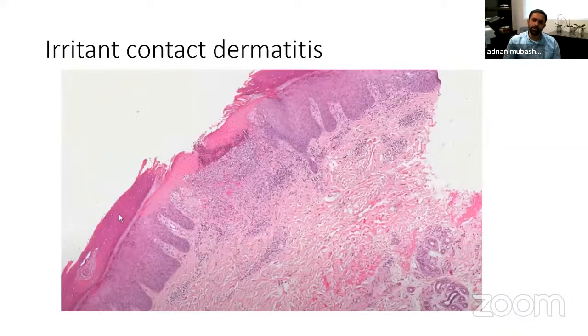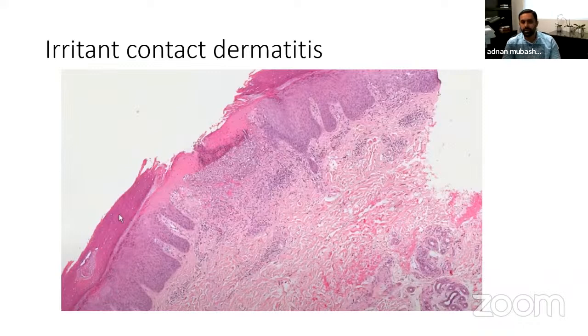You can have the same histology in irritant contact dermatitis. There is something that is irritating the skin from the outside. You will have the spongiotic changes in the epidermis, but then you will have something like this that looks like an external injury to the skin. But a lot of the time, you put that differential diagnosis in the report and let the dermatologist or the clinician decide, because if they provide you the history, then you can sometimes narrow it down, or if they provide you a clinical picture along with the history, then it's even better.